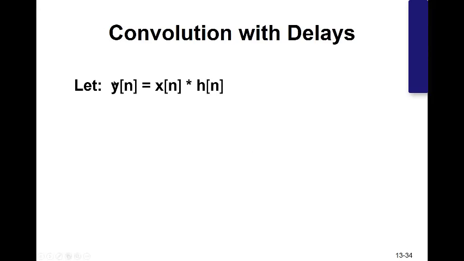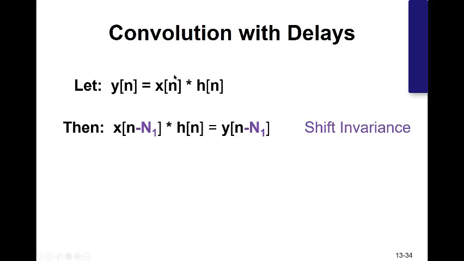Namely, if we create an output by convolving an input signal with a unit sample response, or simply mathematically say if we convolve two different functions to create a third, if I put a small shift in one of those functions, I should get the same result from the convolution, except it should be delayed by the same amount of time I delayed one of those input signals. And that's simply, from a system standpoint, a restatement of shift invariance.